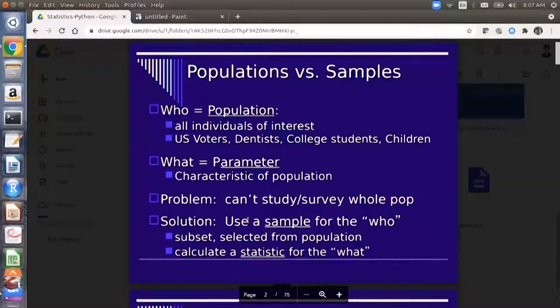So population is basically our whole data set on which we want to run the analysis. But sometimes you don't have the resources available to analyze the whole population. For example, let's talk about your laptop. Your laptop has a hard disk of 1 TB.